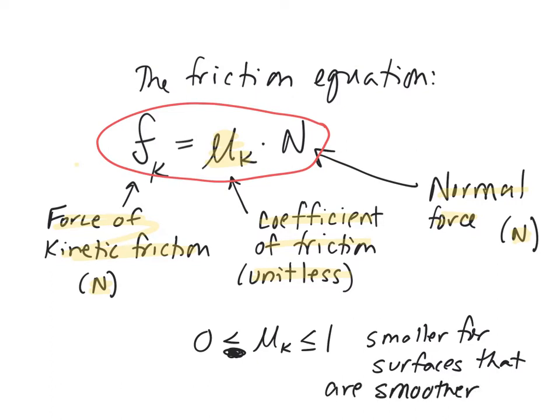Okay? So the rougher the surface, the closer to 1 mu k is going to be. I think in class we had a mu k between the wood surfaces of like 0.27 or 0.28, something like that. So that was for the lab that we did in class with the sandpaper and the wood surface.